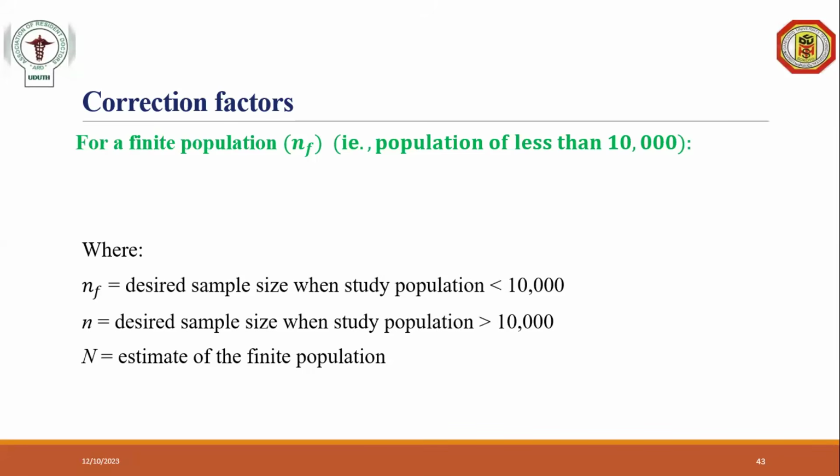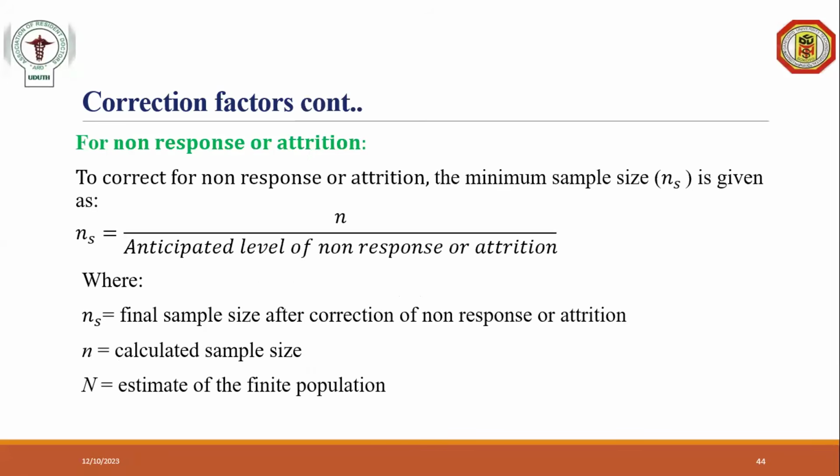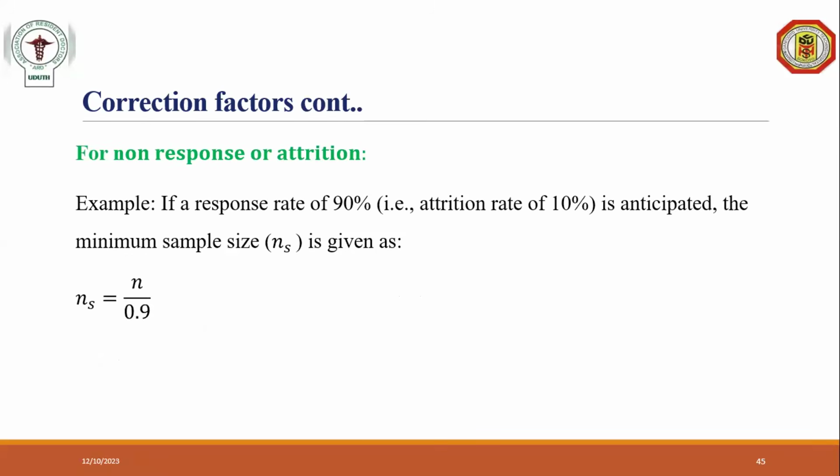So with this, I think we have come to the end of, okay, now the non-response formula or attrition formula. After correction for finite population, the next thing is to calculate for non-response. Any study, whether cross-sectional, comparative cross-sectional, case-control, or cohort, you use non-response, or you use the attrition rate.